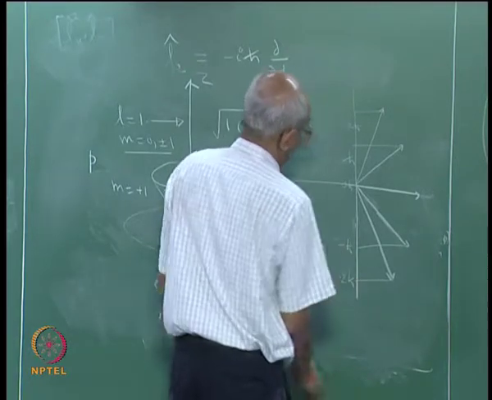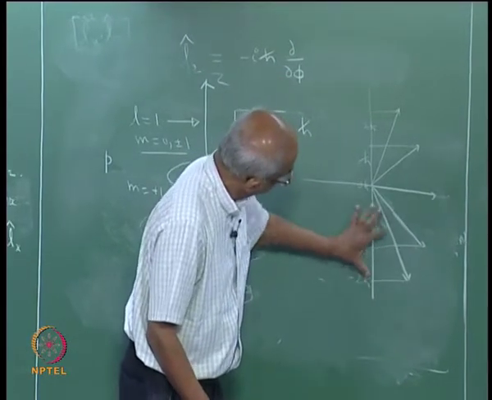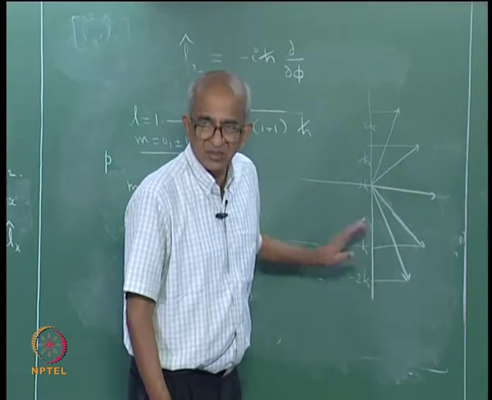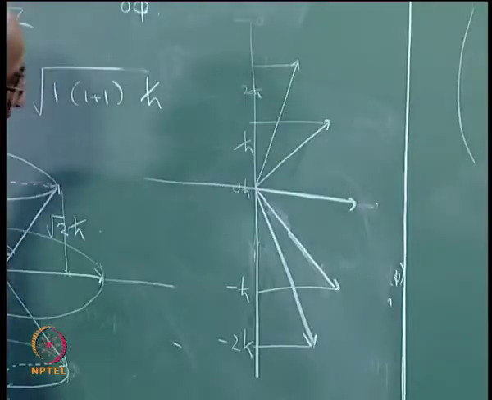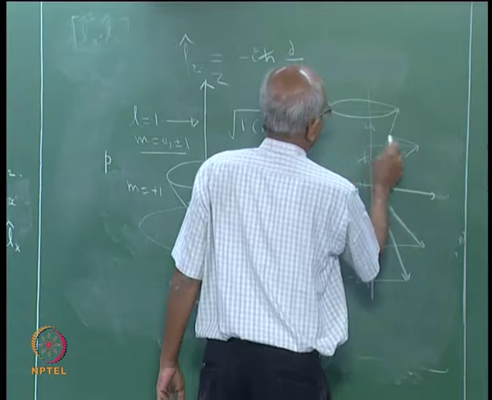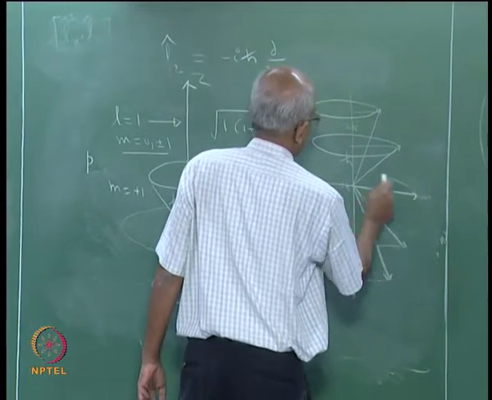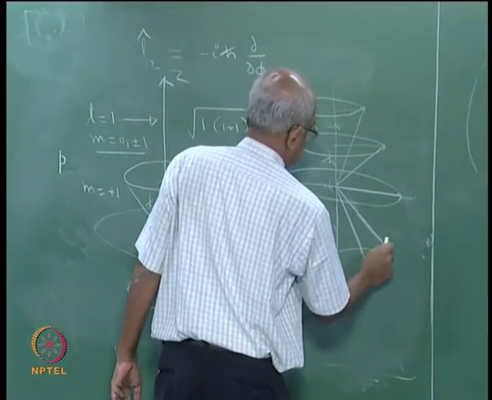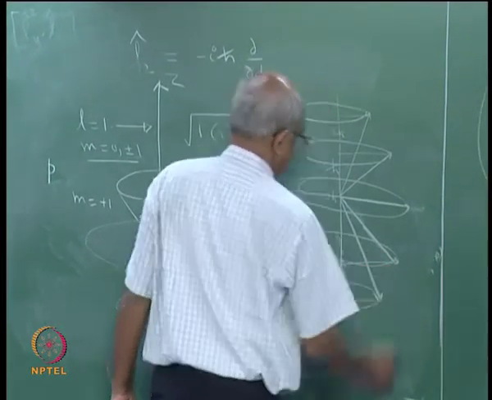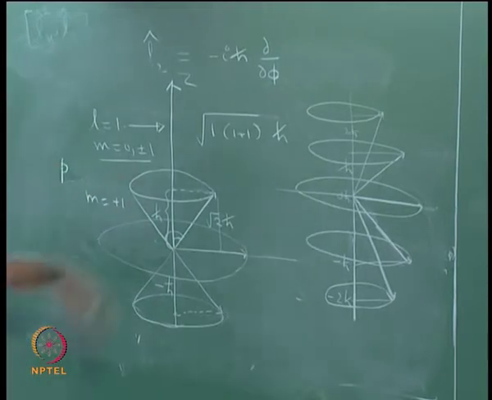Unfortunately, the scale in the way I have drawn this is not correct, but I am sure you can understand. So this is how the orientation could be. Five different orientations.